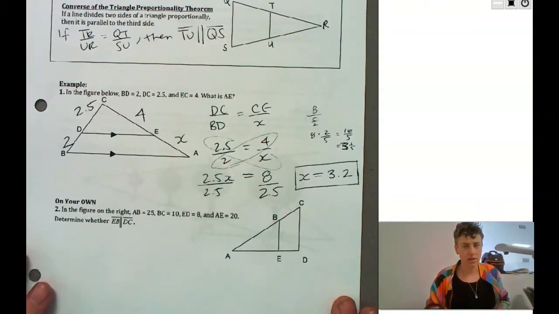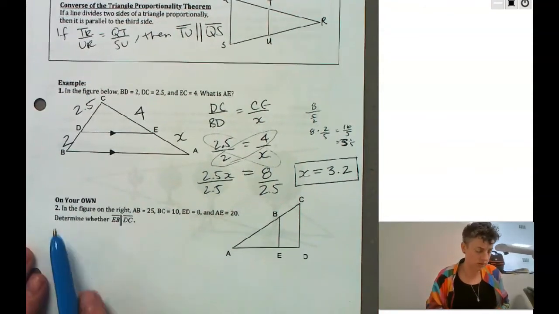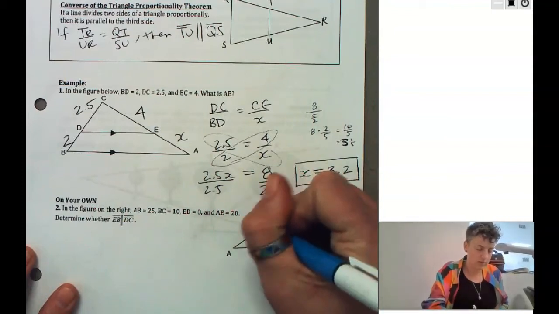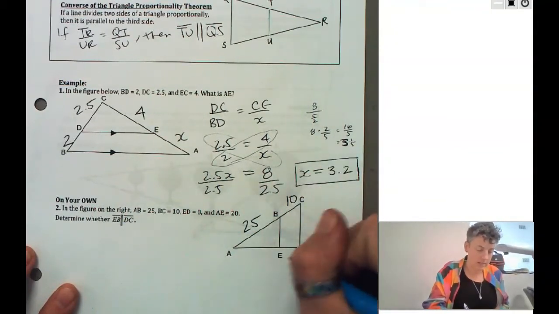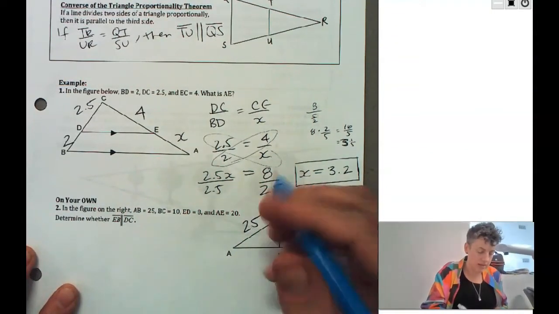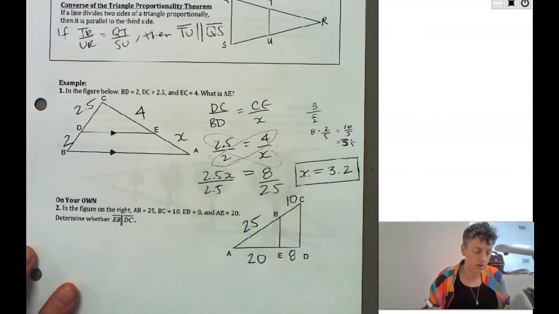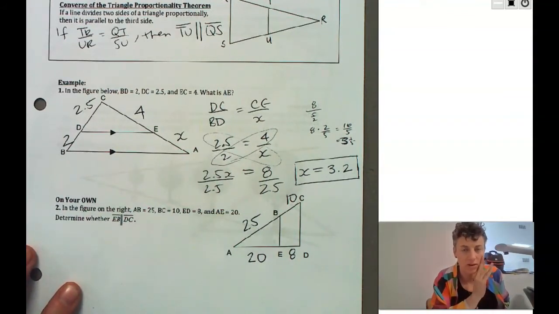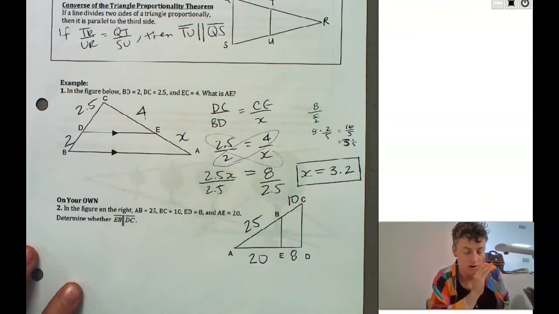Looks like we have an on your own situation. In the figure on the right, AB is 25, BC is 10, ED is 8, and AE is 20. We're going to decide whether those lines are parallel, so I think we need to check if the ratios are equal to each other.